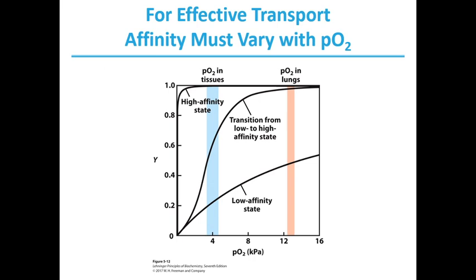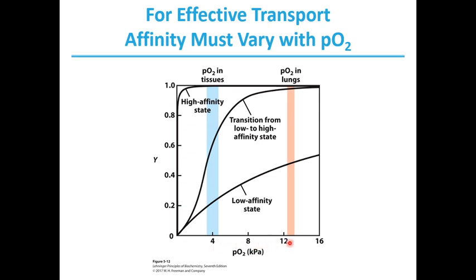For effective transport of oxygen, hemoglobin must bind oxygen cooperatively. This means that the affinity for oxygen must vary with the partial pressure. Now, in lungs, the partial pressure for oxygen is 13 kilopascals, whereas in tissues, it's about 4 kilopascals.